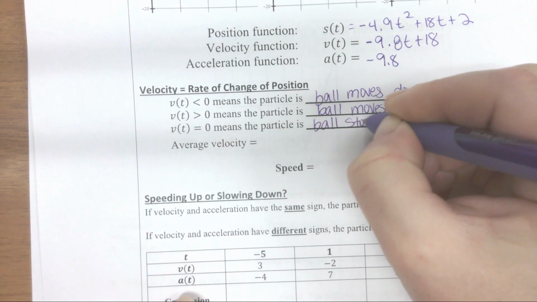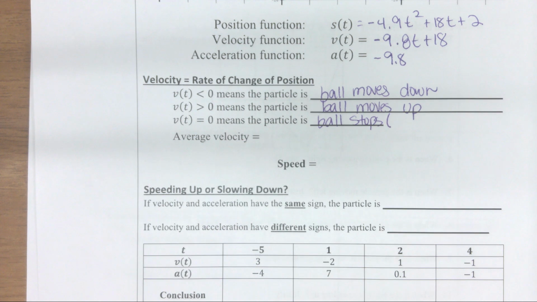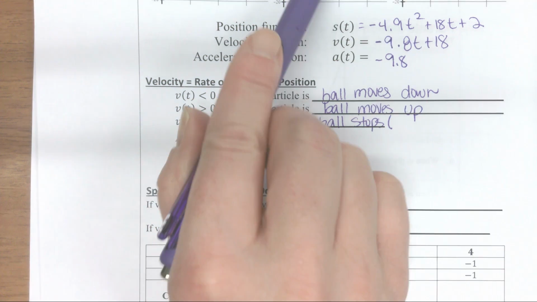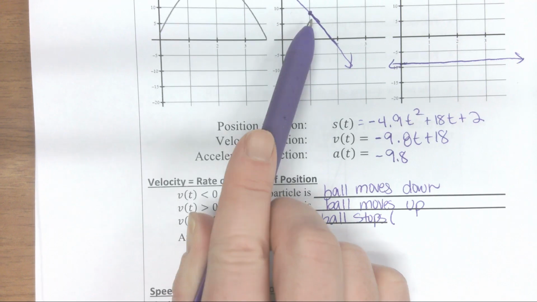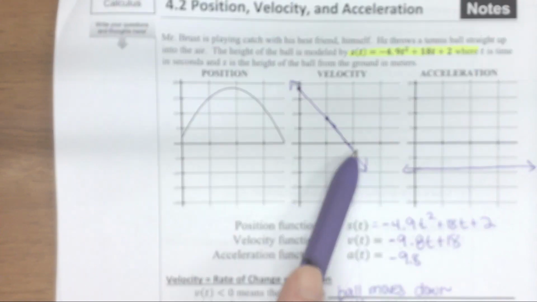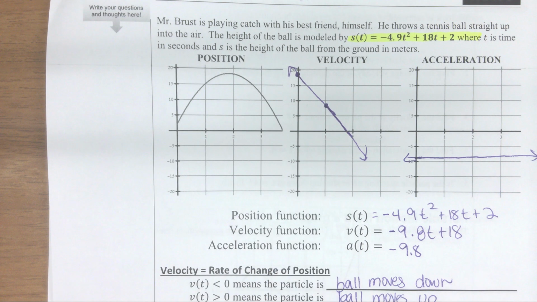But if that's the point when the velocity stops, but here it was positive and here the velocity was negative, what actually happened there? So the tennis ball is going up. It stops momentarily because what's going to happen?